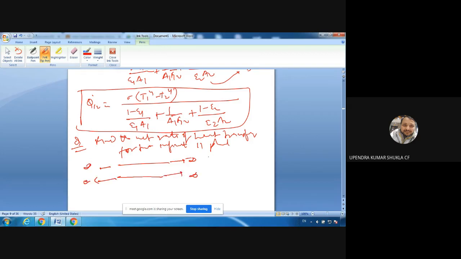The area is A1, emissivity epsilon 1, temperature T1; area is A2, emissivity epsilon 2, temperature T2. Since both are parallel plates, A1 is equal to A2, equal to A suppose. And F12: all the radiation coming from surface 1 will reach surface 2.